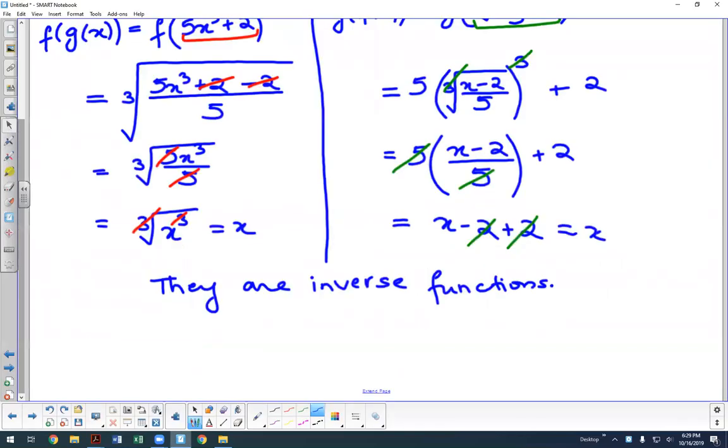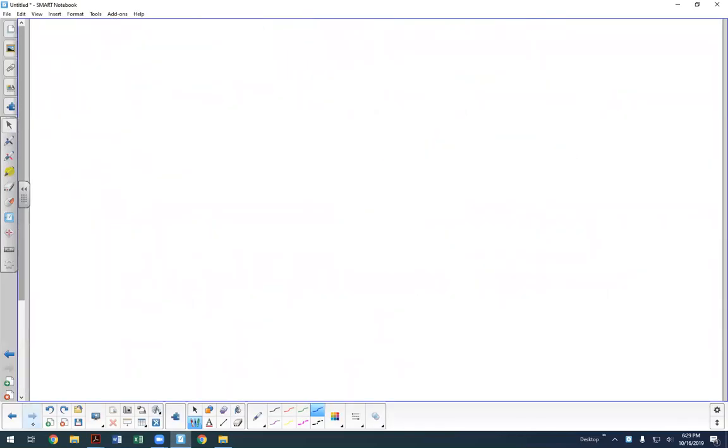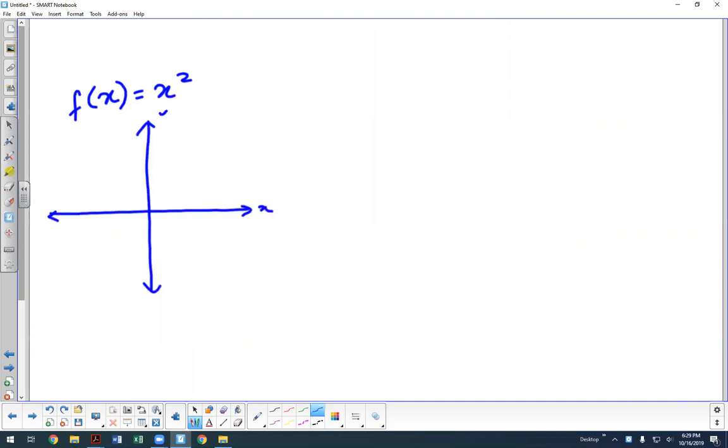So the idea is, if you have your x squared function, and just as a rough graph for it, we know this is what a parabola will look like. Now, if I draw a horizontal line through that, a horizontal line crosses at 2 different points, so I know I cannot create an inverse function from this.